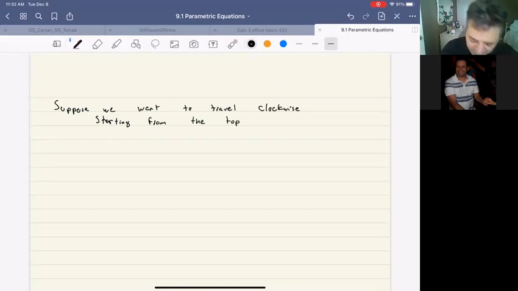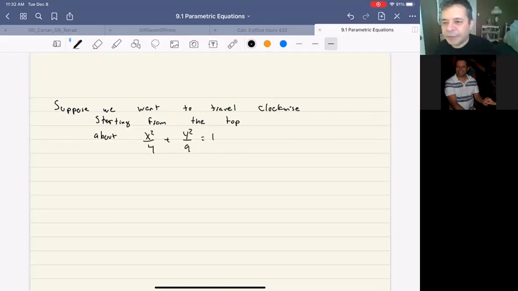And let's say we want to go around x squared over 4 plus y squared over 9 equals 1. So what's that mean? That's going to go left, right, 2, up, down, 3.